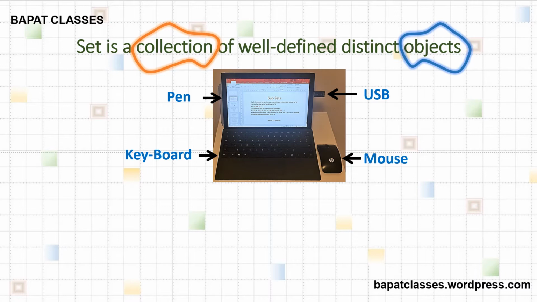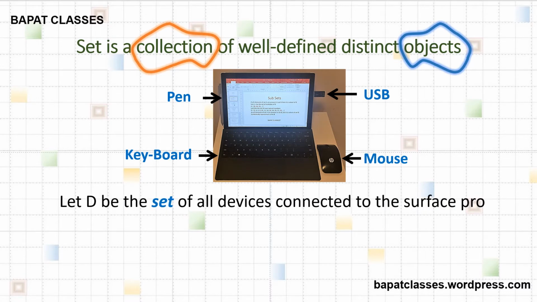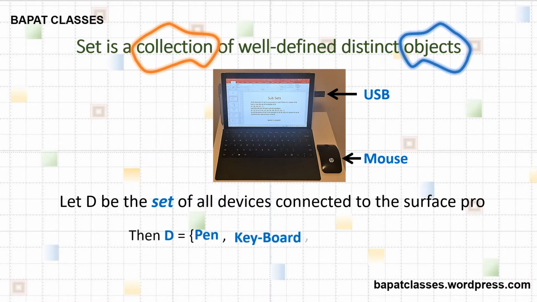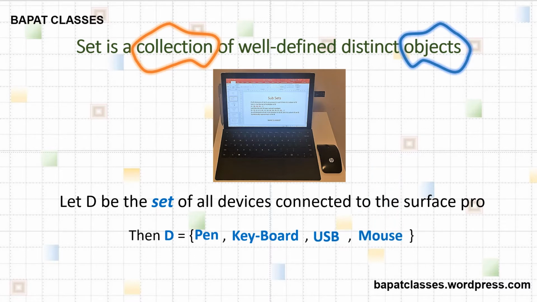This collection of different devices connected to Surface Pro can be considered as a set. Let D be the set of all devices connected to the Surface Pro. Then D = {pen, keyboard, USB, mouse}.